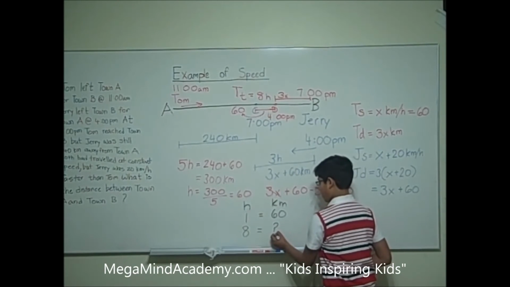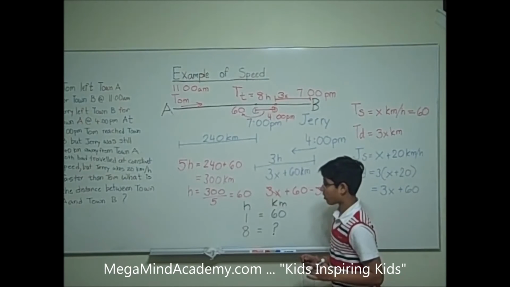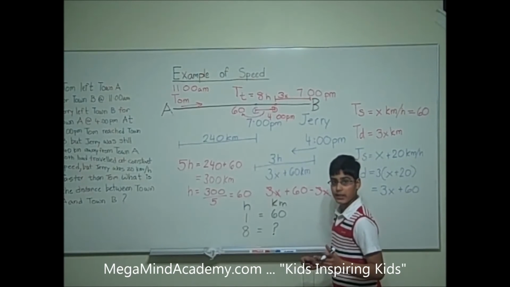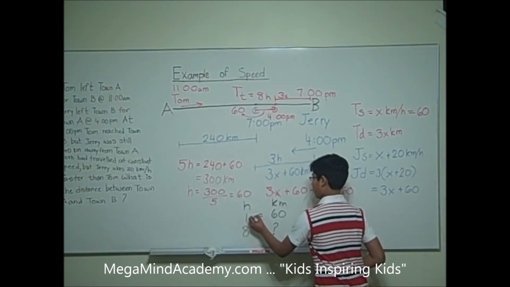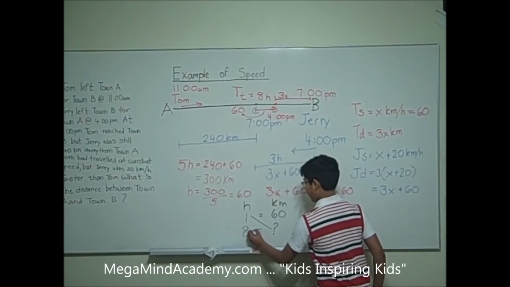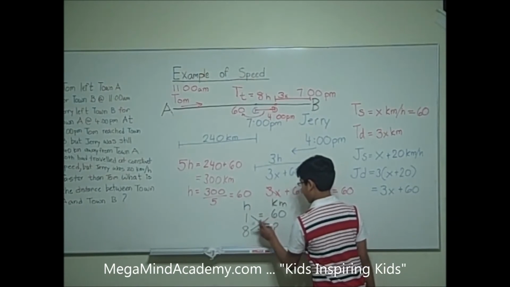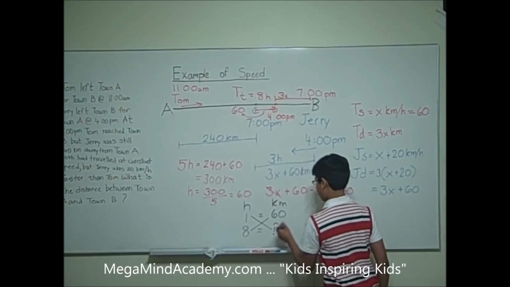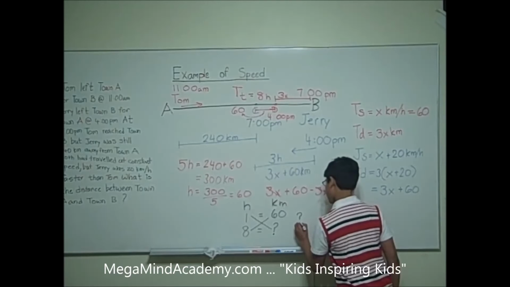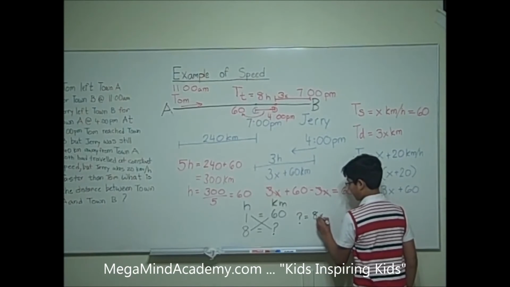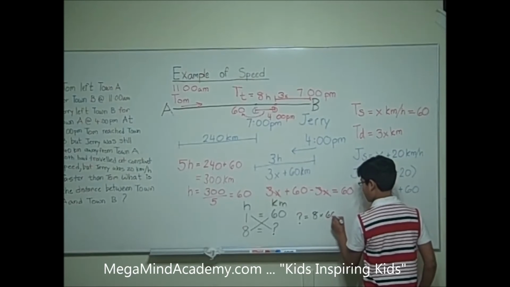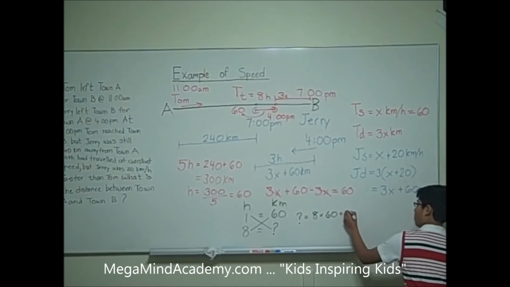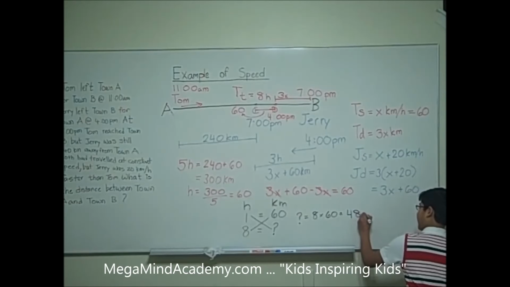To solve this part of the problem, we need to cross multiply. That means we multiply 1 with a question mark and 8 with 60. So we get 1 times question mark is question mark. Question mark is equal to 8 times 60, which is equal to 480 kilometers.